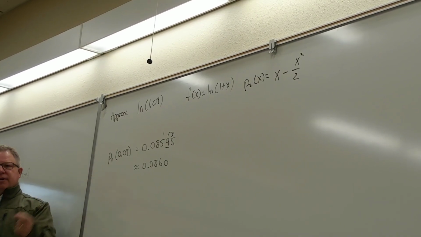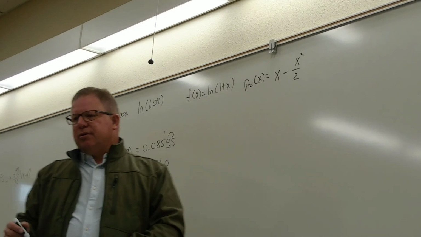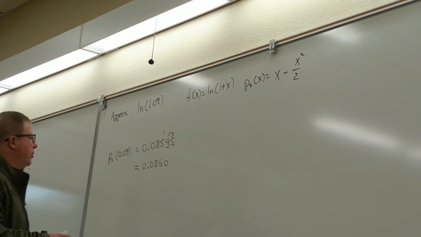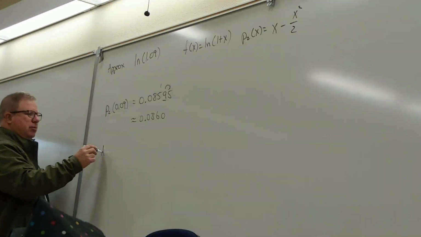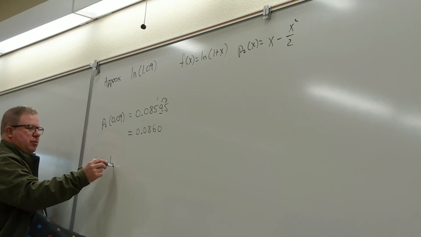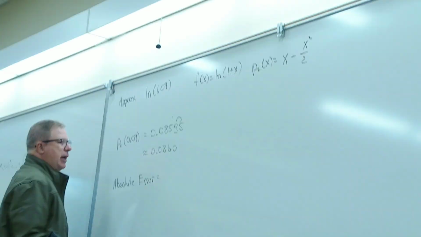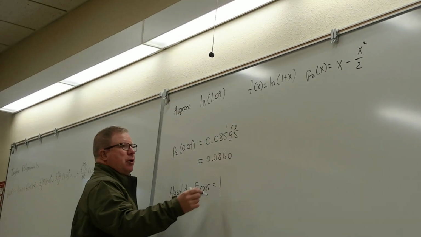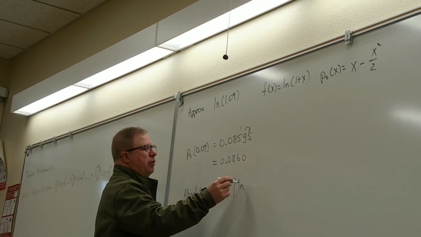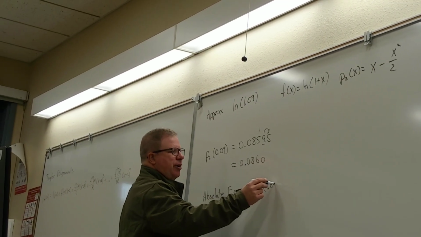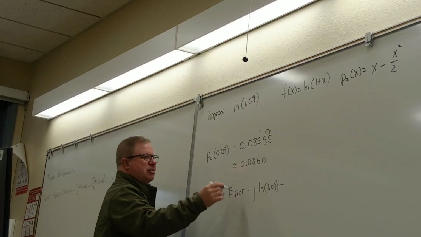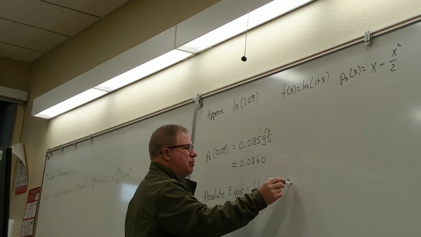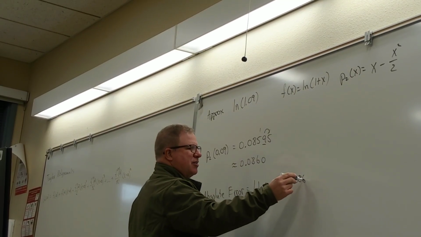Now we need to find the absolute error. So absolute error will be the absolute value of natural log of 1.09 minus our decimal approximation 0.0860.